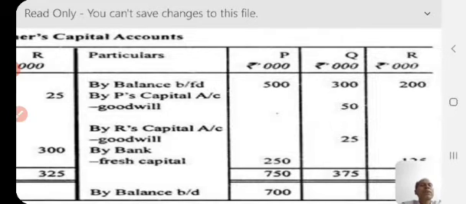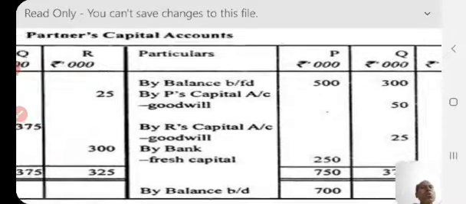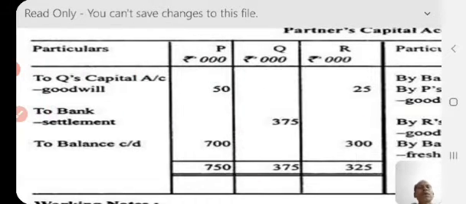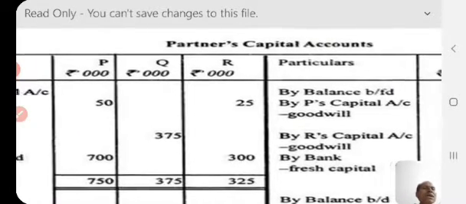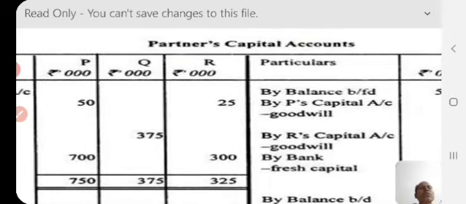Now these are the opening balances. See, by P's capital account, goodwill. By R's capital account, this is also goodwill. See Q's capital account 50. So 50,000 is the share of the goodwill.